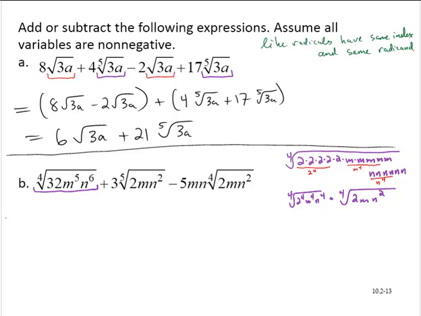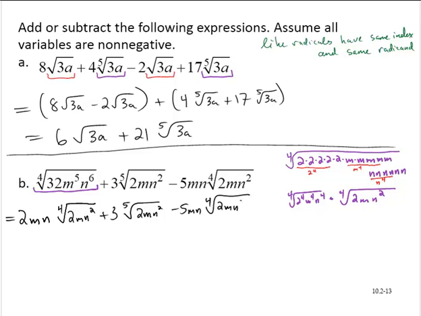So that first term can be written as 2mn times the fourth root of 2mn squared. And we still have 3 times the fifth root of 2mn squared minus 5mn times the fourth root of 2mn squared.